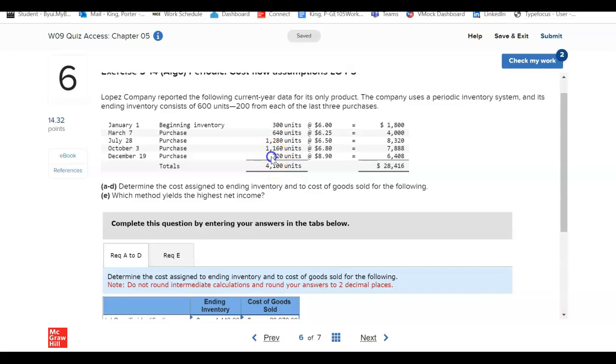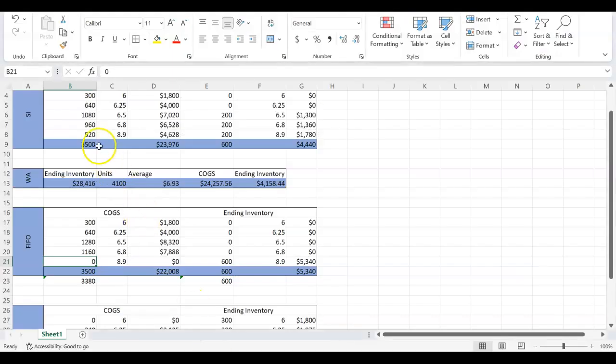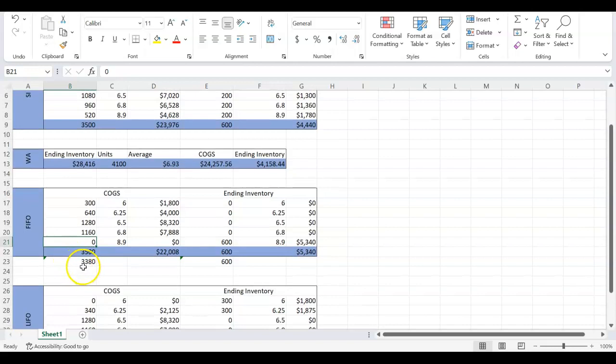And in the month of December we purchased 720 units, and so here we can calculate we only need about 120 units left to get $35,000. So here we punch in 120, enter, and you get that 35,000.